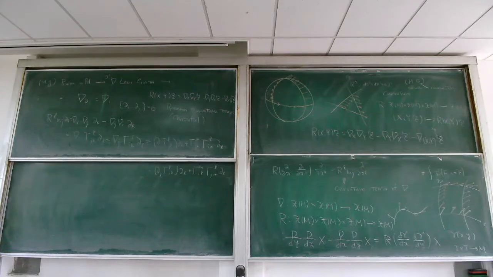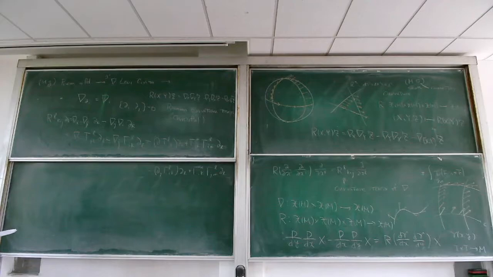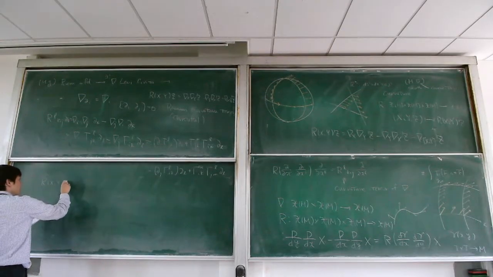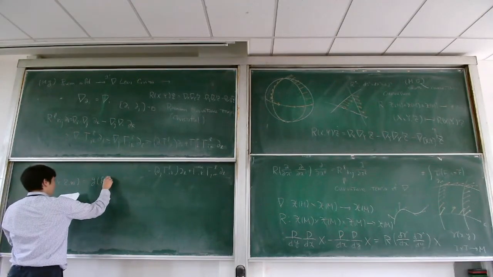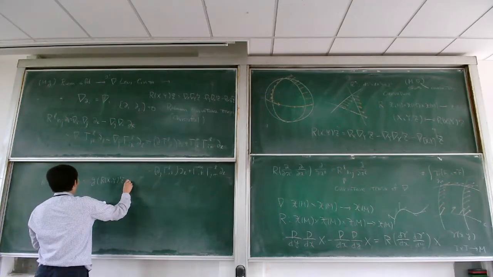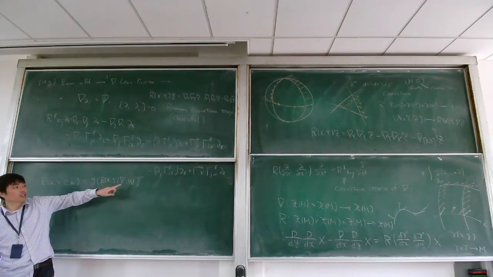And then, so in the lecture note, I introduced some notation like the quadrupole of the vector field. It's called quadrupole. So this is vector field, and this.